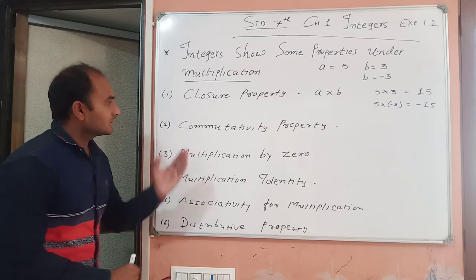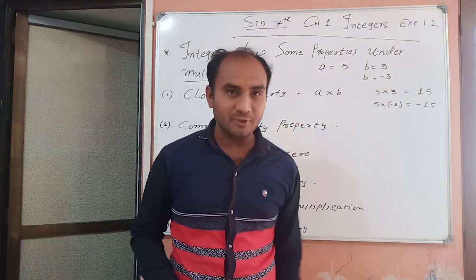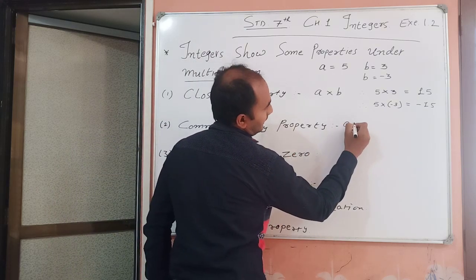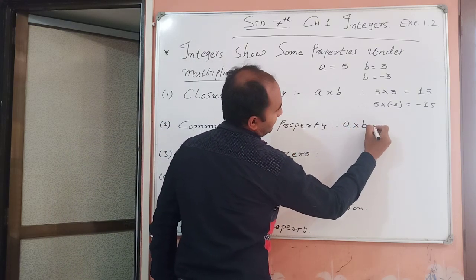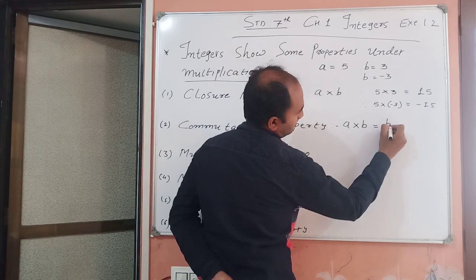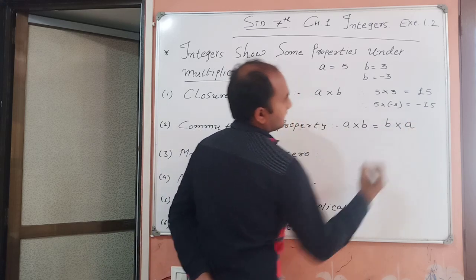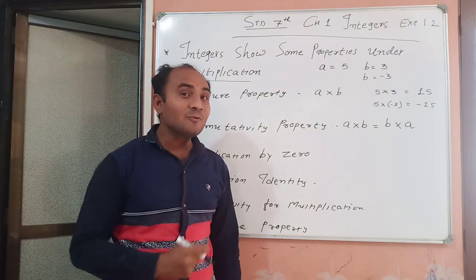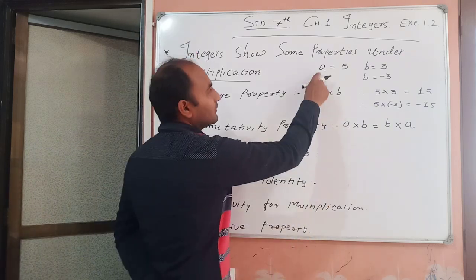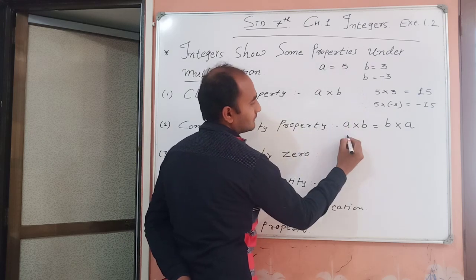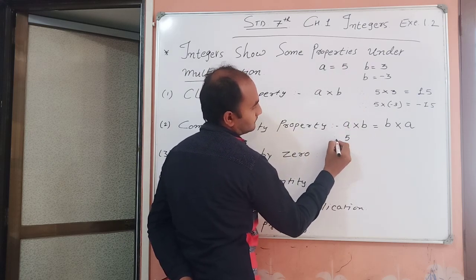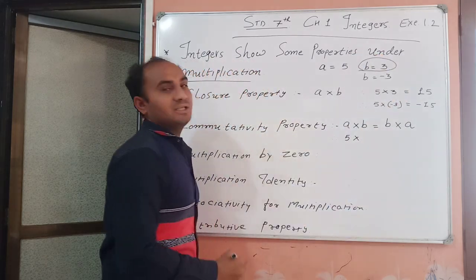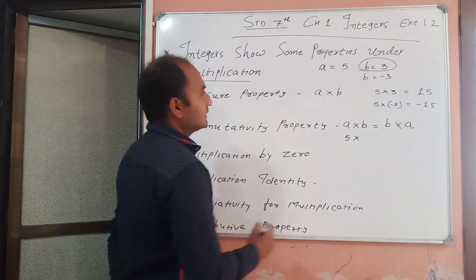So it is the closure property of multiplication. Now, second, the commutative property. In the commutative property, we can write A into B is equal to B into A. The value of A is equal to 5 into, now we are taking the value of B is equal to 3.